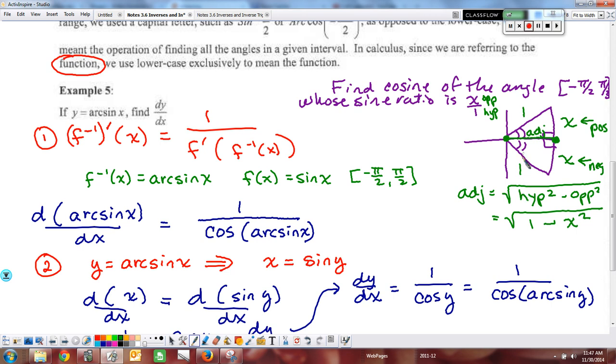Now this is asking me for the cosine of this angle. The cosine is adjacent over hypotenuse.